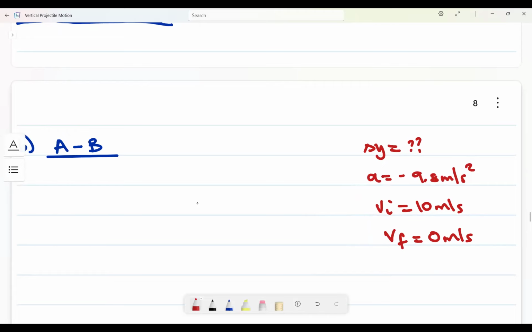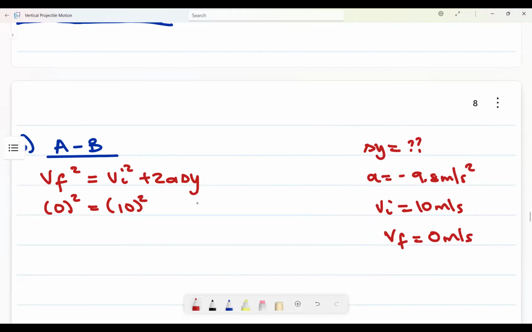But if I use the formula here, I'll have Vf squared is equal to Vi squared plus 2a changing y. Then what is my Vf squared? Vf squared is 0. What is my Vi? It is 10 squared plus 2. What is my a? Negative 9.8. Can you see now? I also chose upwards as positive. I'm going to choose upwards as positive until the end. Then what is my change in Y?